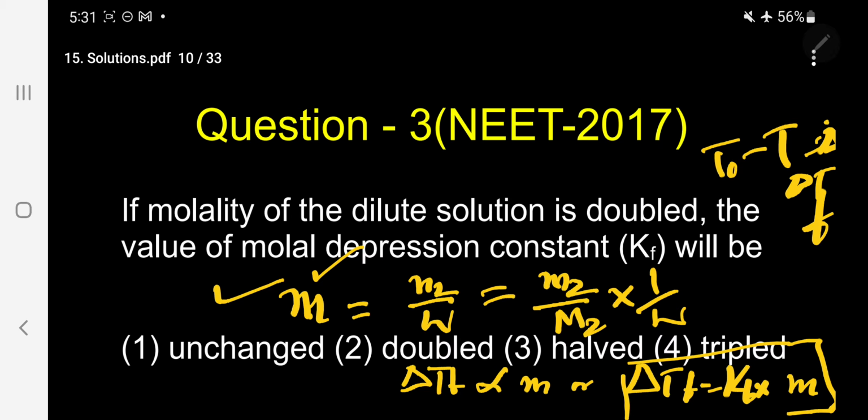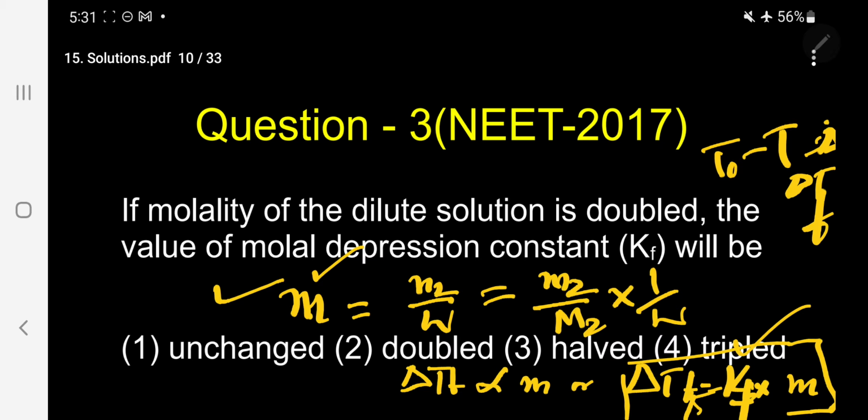So delta Tf is equal to Kf into m. Here, Kf is a constant, the molal depression constant.